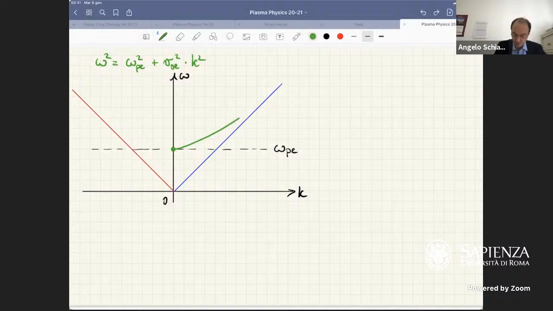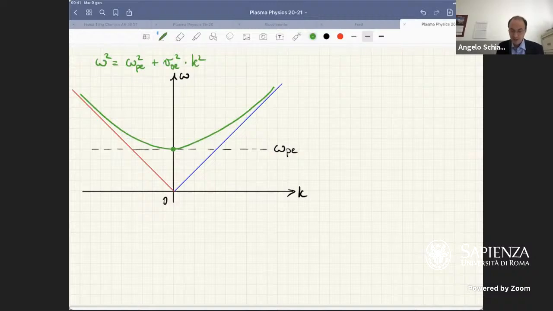We have the right branch, the positive branch and the negative branch, they are symmetric. And this is actually the dispersion relation we introduced for non-dispersive medium.